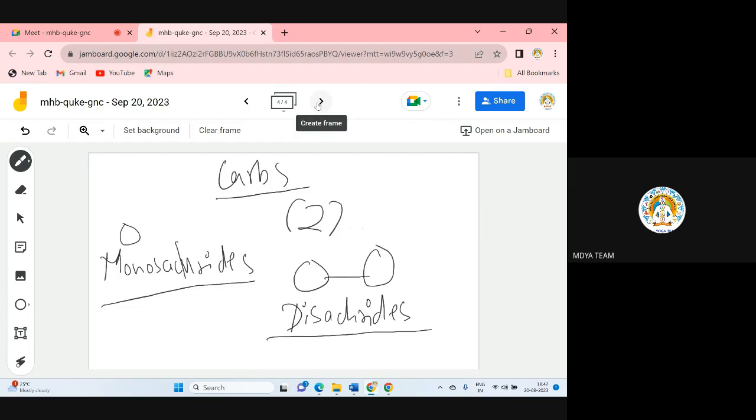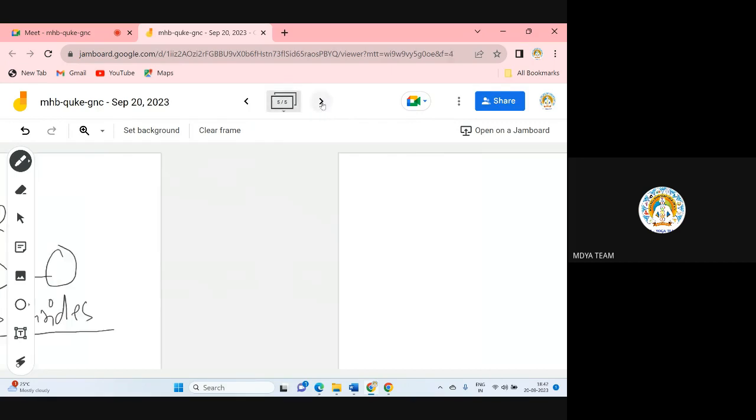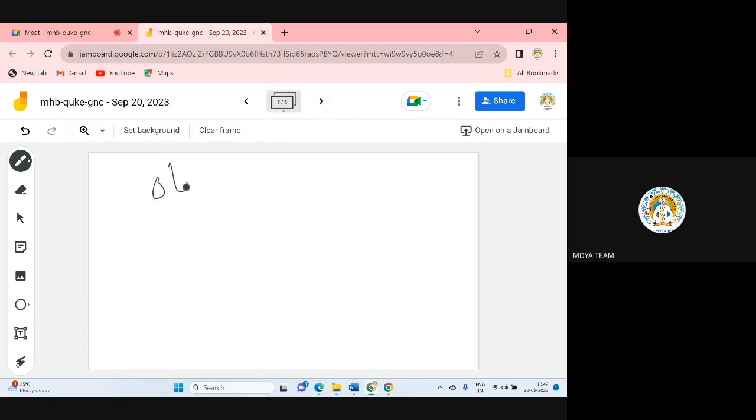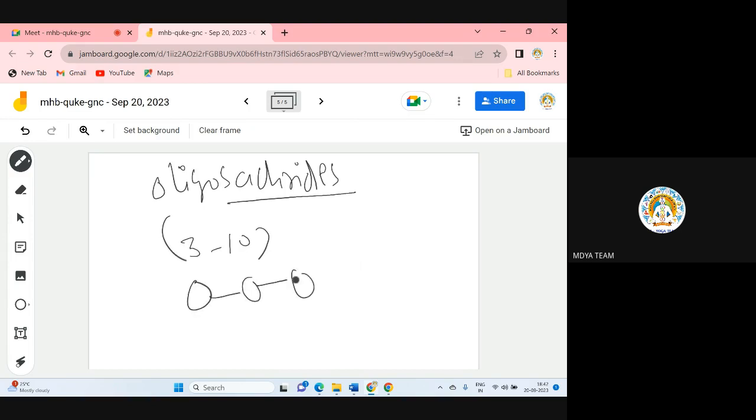Now there is also a third category, known as oligosaccharides. In oligosaccharides, 3 to 10 monosaccharides are present. It can be like this, it can be like this. So all those carbohydrates in which 3 to 10 monosaccharides are present are known as oligosaccharides.